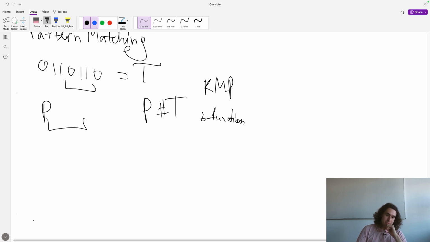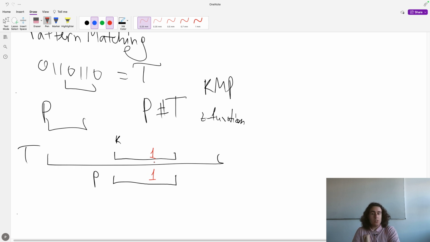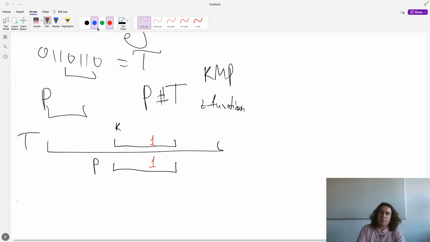So let's reinterpret this problem a little bit, right? Let's look at the string T, and for every position k, let's see if we put the pattern P here, how many matches there are going to be. And we're going to count these matches separately. We're going to count matches 1 to 1 in one go, and then we're going to count matches 0 to 0. So what does the number of matches of 1 to 1 mean?